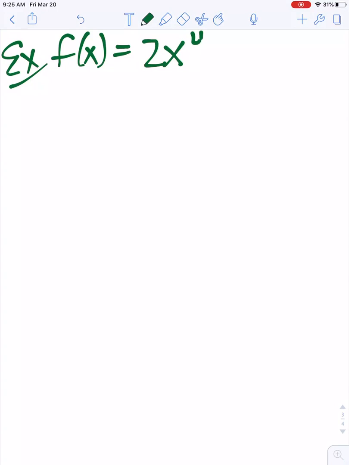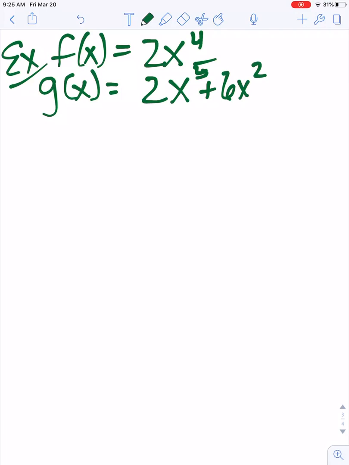Now, with multiplying, I'm going to do 2 examples. The first example with multiplying is if I have a monomial, like 2x to the 4th. Monomial just means one term. And maybe my g of x is like 2x to the 5th plus 6x squared plus 3x plus 2.